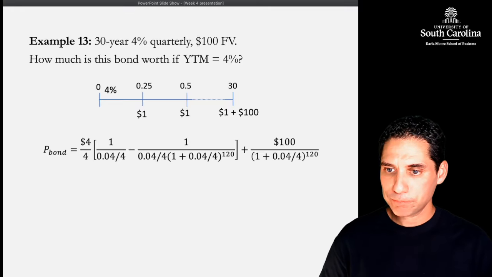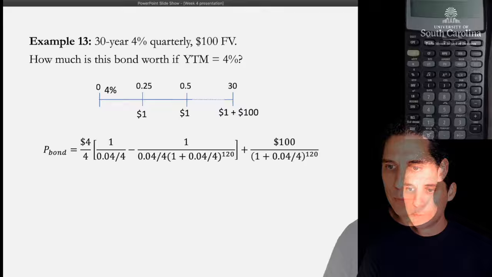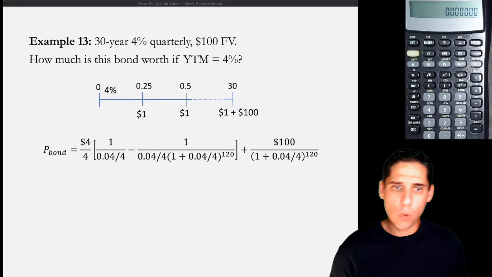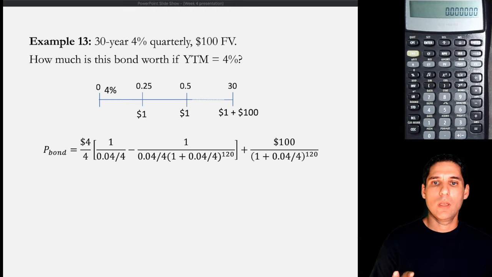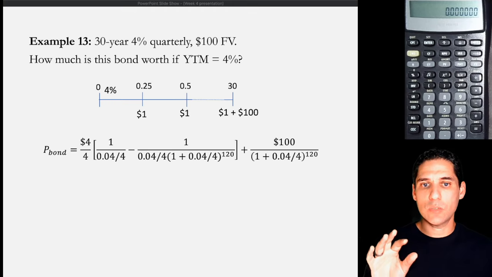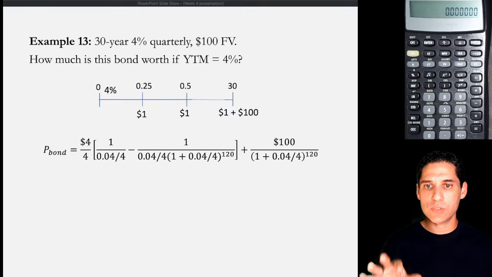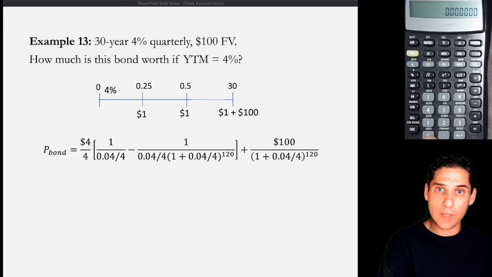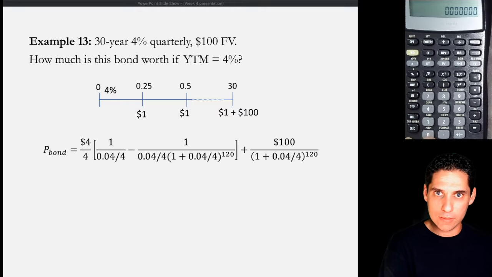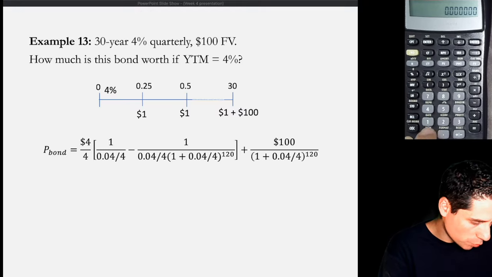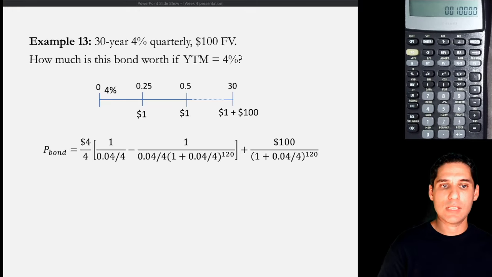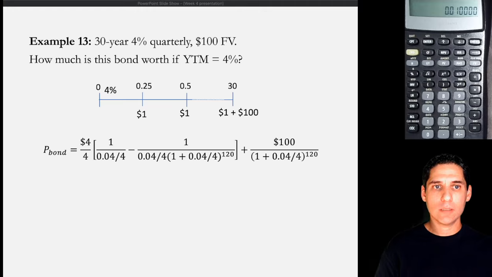So let's actually do this calculation while we are at it. Good practice. As always, I start with the annuity, and I start with the terms inside the brackets, and I start with the power term. So I start with I over M, here the yield to maturity over M. This is going to be 0.04 divided by 4, our quarterly yield, which is 1%.